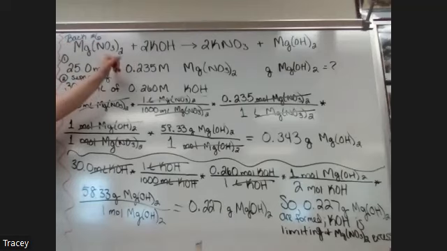So we have the aqueous excess reactant and we have the aqueous product. So there's no way in the lab to tell what's what. So I'm not going to make you do excess reactant problems. There's no way to tell.